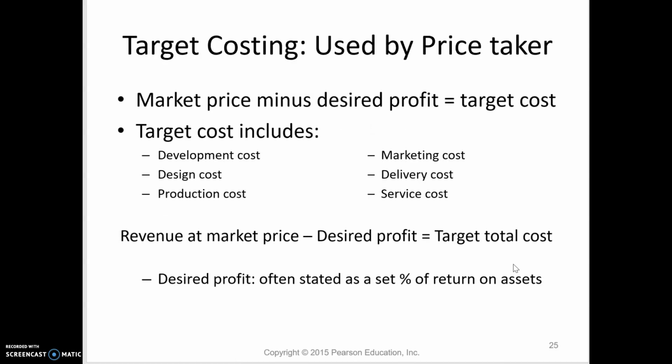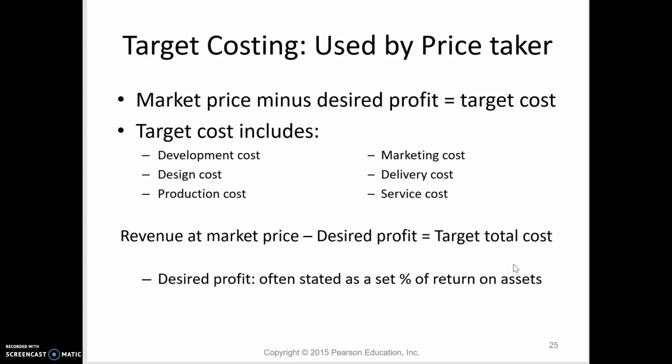So if you're a price taker, a highly competitive industry, and you make a product just like everyone else makes, right? The price is going to be set by the market, and then you have to figure out a way to get your desired profit and manufacture the product for the cost that's remaining. So the market price, we said, is your starting point, subtract your desired profit, and then you get your target costs.